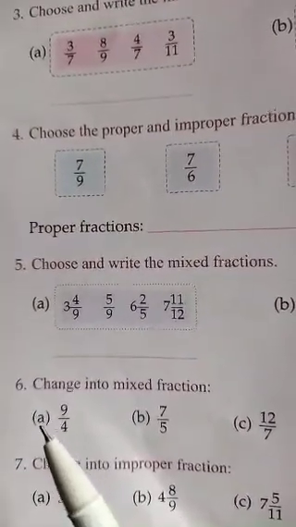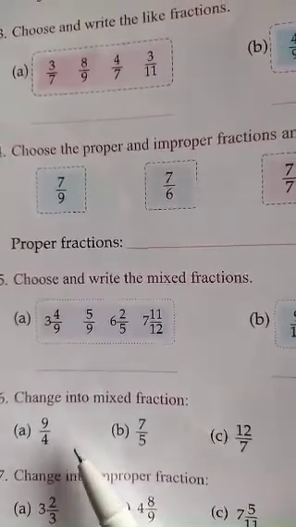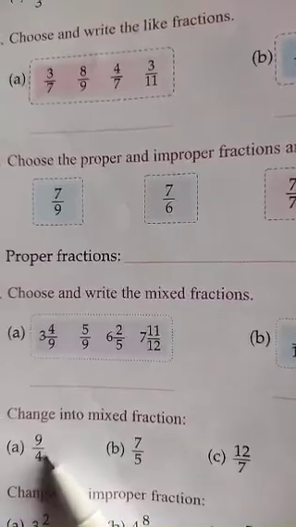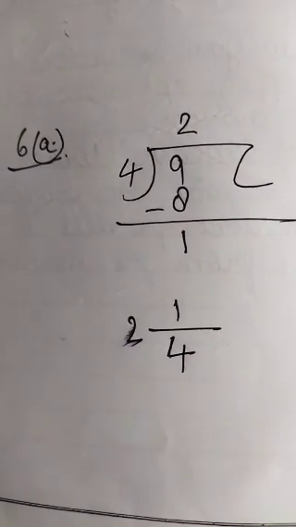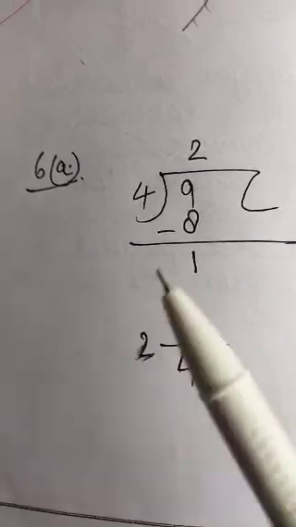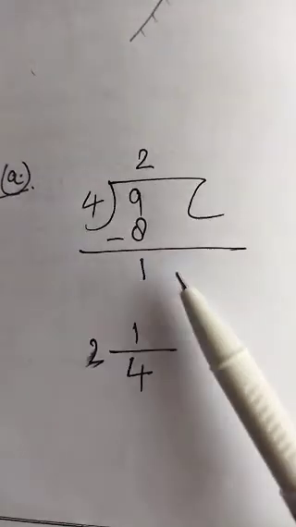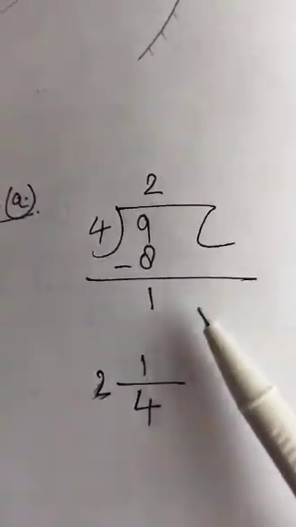Now the sixth question: change into mixed fractions. Now you have to change the given fraction into a mixed fraction. How will you change it? First of all, you will divide 9 by 4. Like this. First of all, we will divide, then the remainder will be 1. Then how are you going to write this?